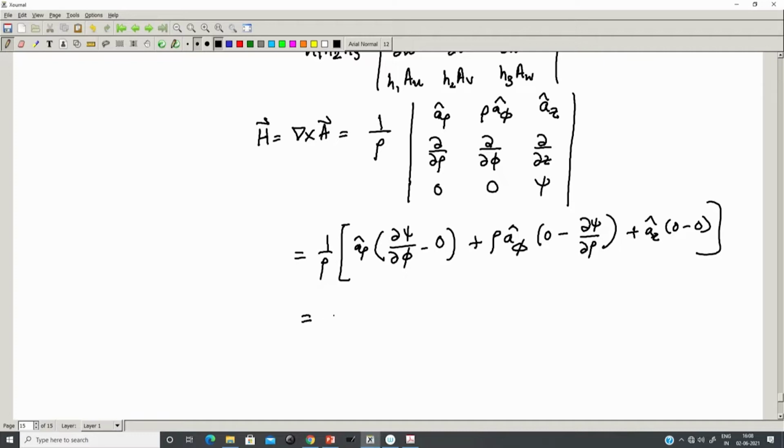So, that becomes a rho 1 by rho del psi del phi minus a phi del psi del rho.